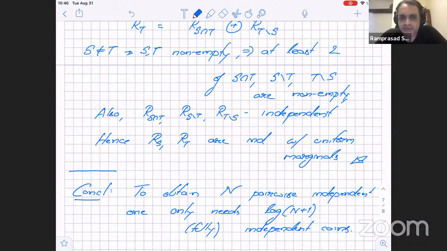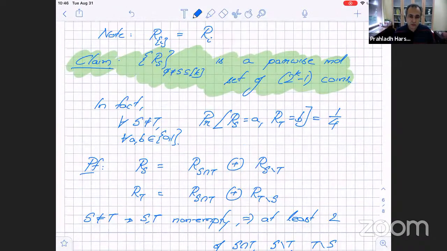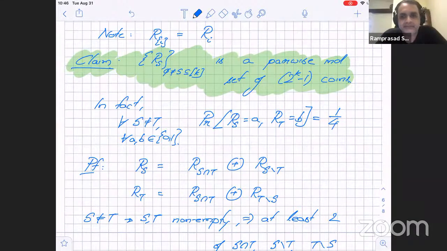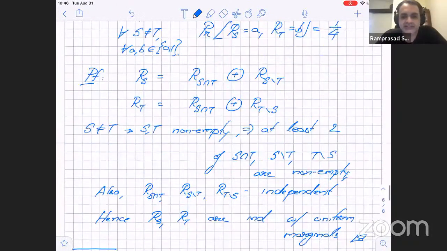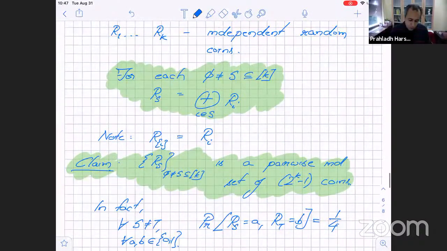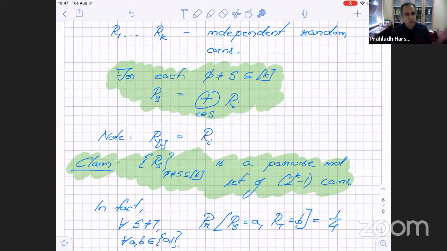This is the conclusion of this claim. I pick only k independent points. Then I come up with R_S, 2 power k minus 1 coins, a much larger set.